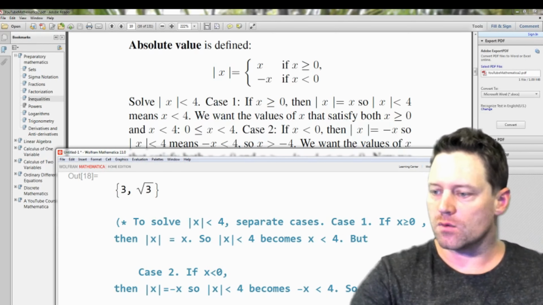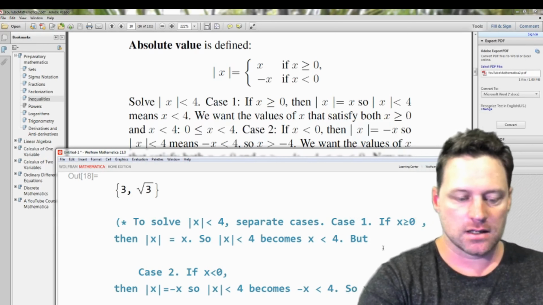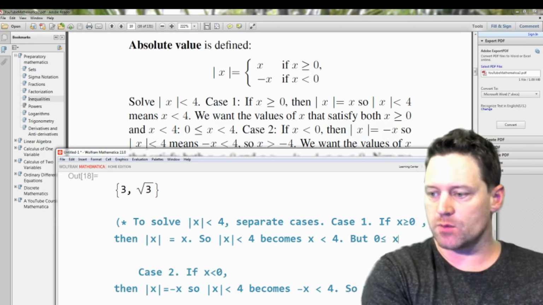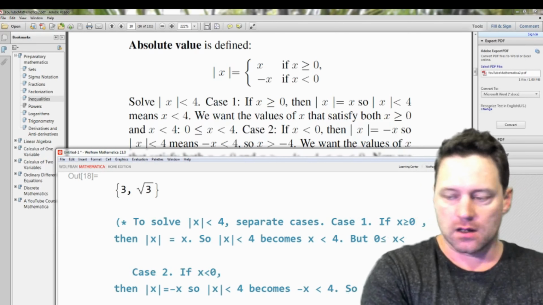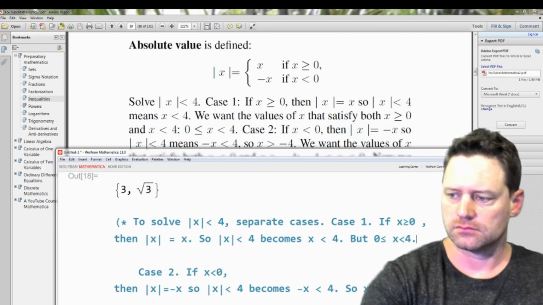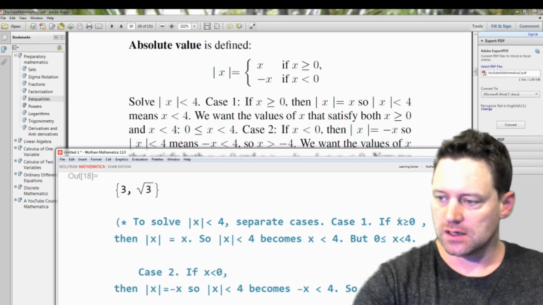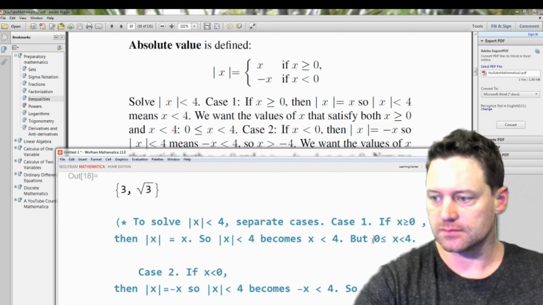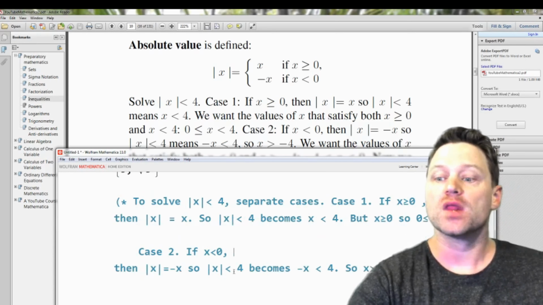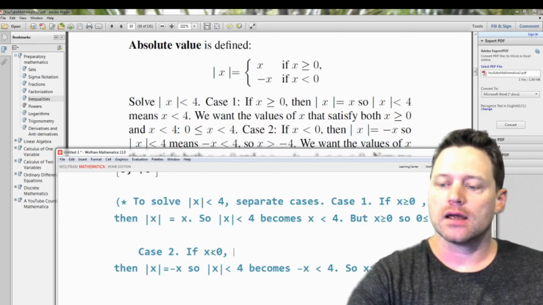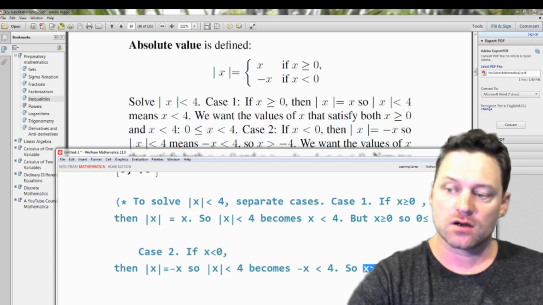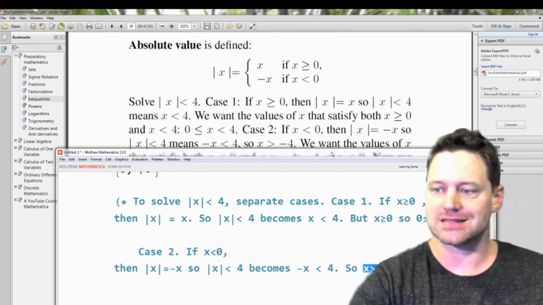So where were we? 0 less than or equal to x, because that was part of that assumption, and we deduced that x was less than 4. Case 2, x negative. We've solved the case x has to be greater than minus 4 in the case that it's negative.